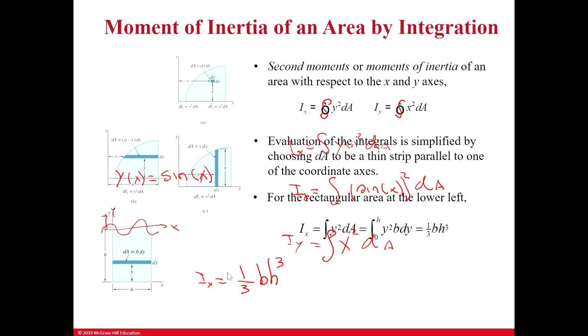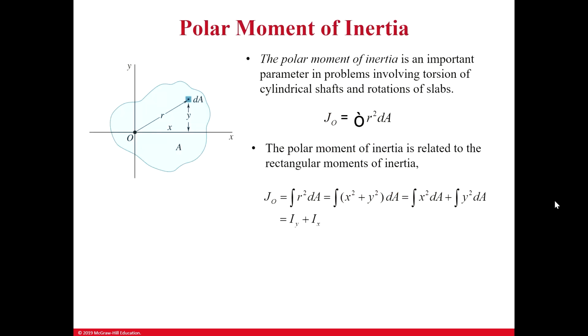Those areas will be the common, uniform, regular objects, such as square, triangle, rectangle, etc. So we already found one. The inertia with respect to x for a rectangular shape is 1/3 of base times height cubed.